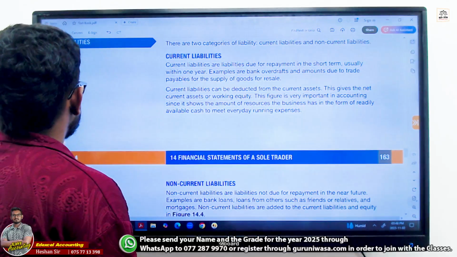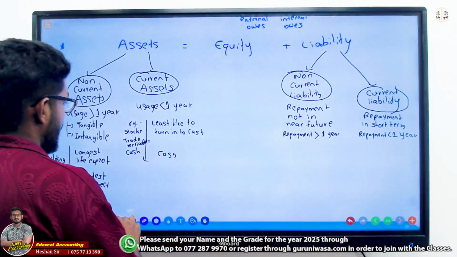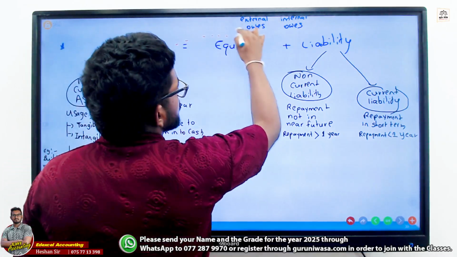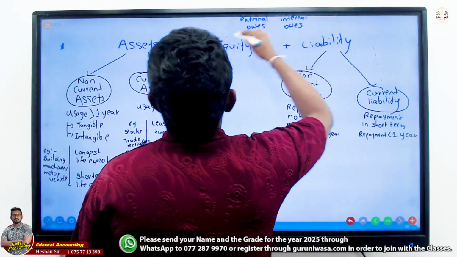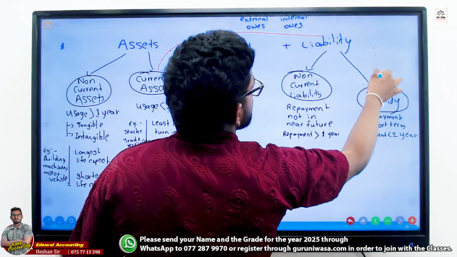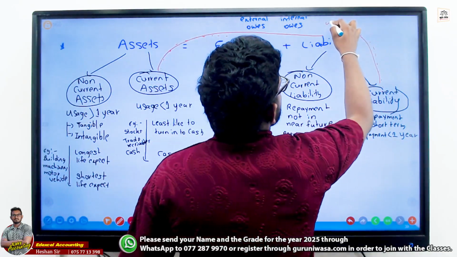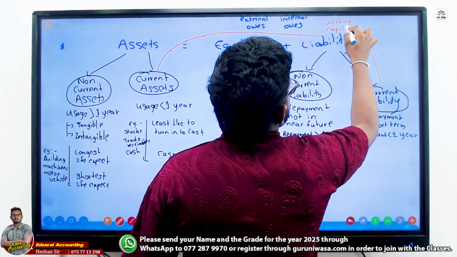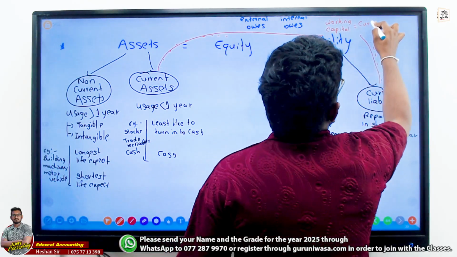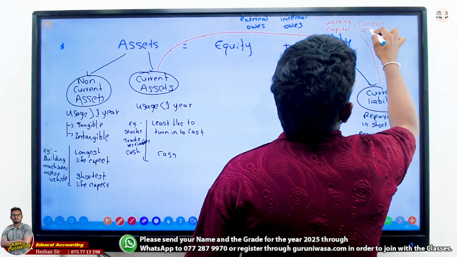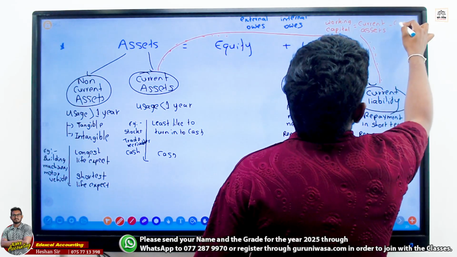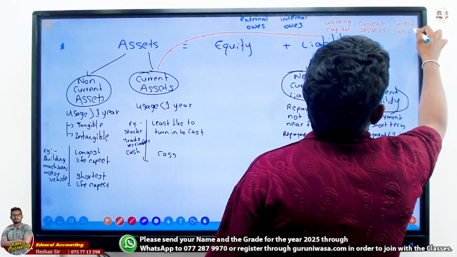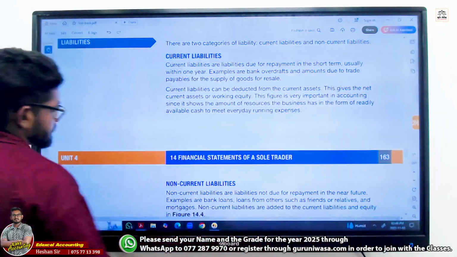If we deduct current liabilities from current assets, working capital equals current assets minus current liabilities. That is the term called working capital. Right.